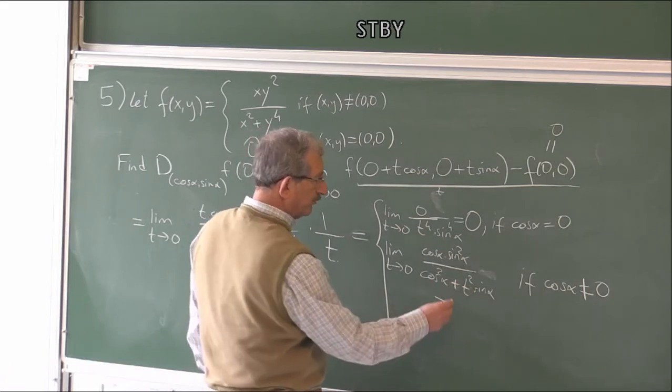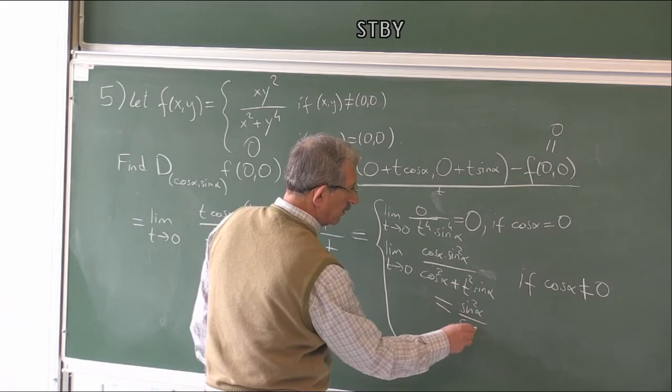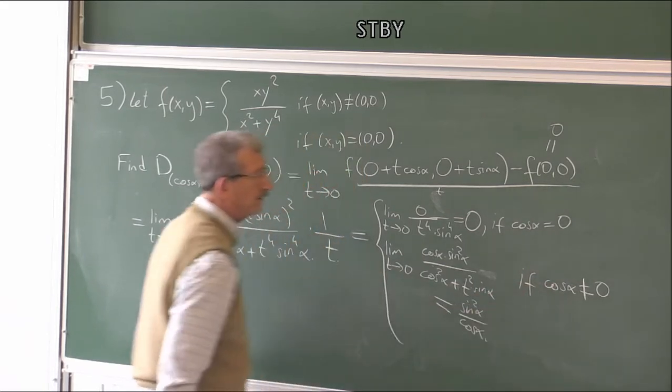When t goes to 0, it is sine squared alpha over cosine alpha, because cosine alpha is not 0.